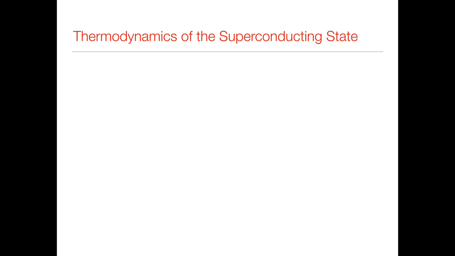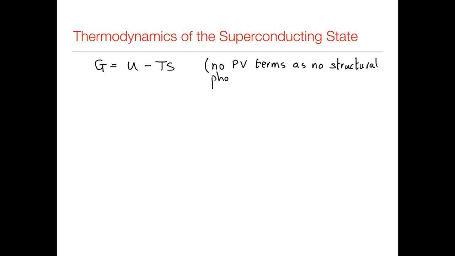So let's think about the Gibbs energy, which is the internal energy minus Ts. Now, I don't need to think about any PV terms, as there's no structural phase transformation taking place.